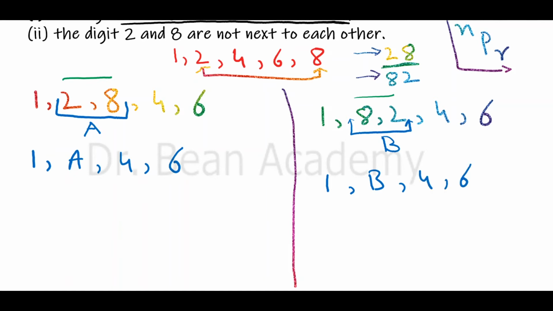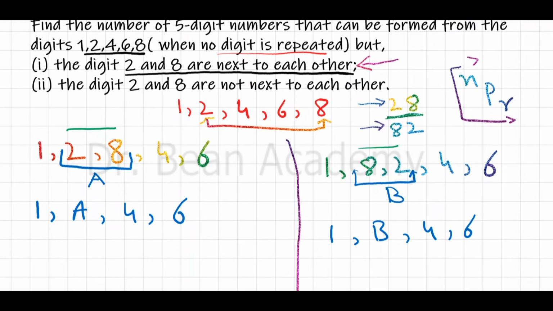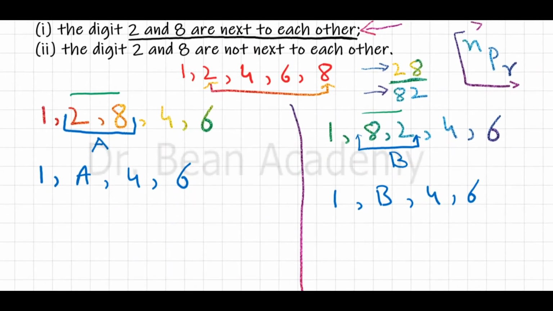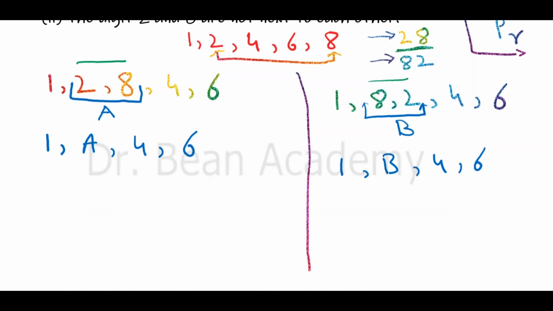So don't worry, because they told us how many 5-digit numbers can be found, because at the very end we can write the value of A as 2 and 8 together without this comma, and it will be 28. So it doesn't matter because they should be together.